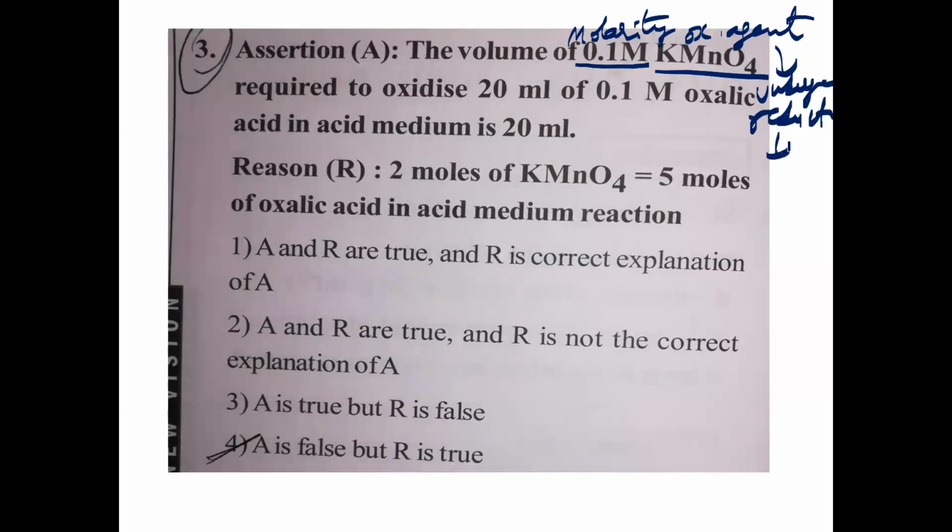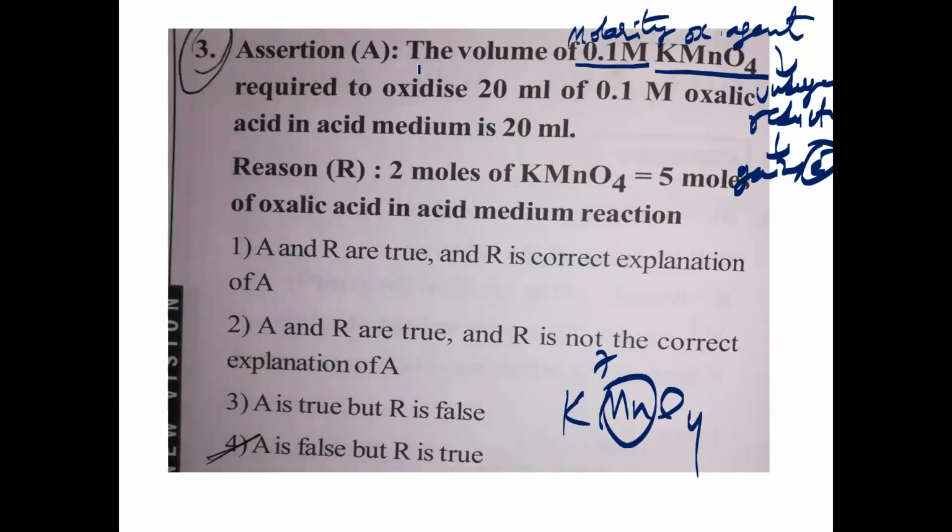Undergoes reduction means gains electrons. Any oxidizing agent must itself undergo reduction, it must gain electrons. How many electrons will be gained by KMnO4? We have to understand. In KMnO4, manganese has how much charge? +7.